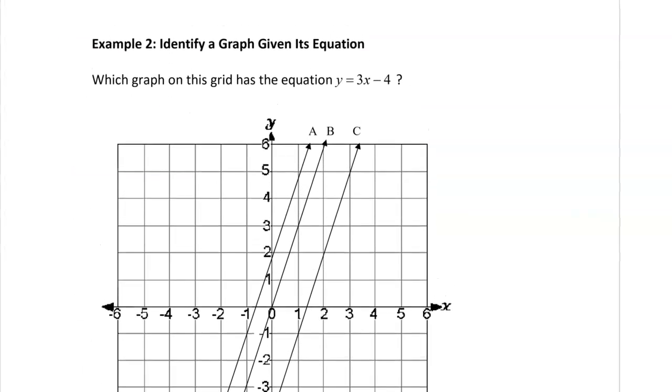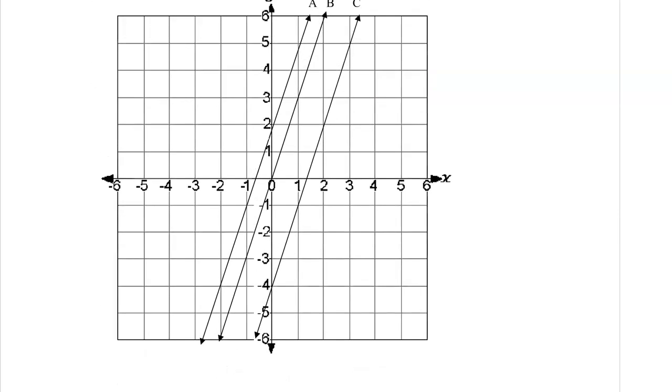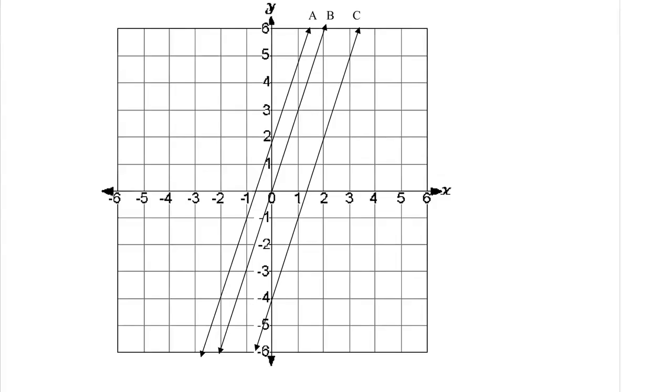On the next page here, it says we're going to be identifying a graph given its equation. So the equation that we are given is y equals 3x subtract 4. Now if you look at the graph here, we have 3 different lines, line A, line B, and line C. None have a similar point that they are going to pass through because they're all parallel to each other.